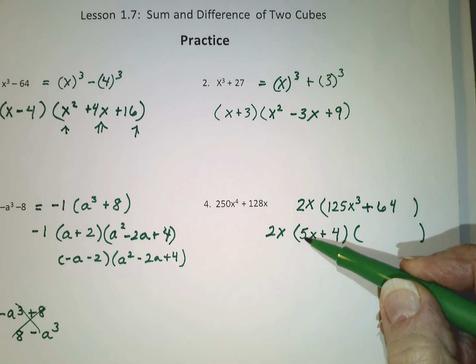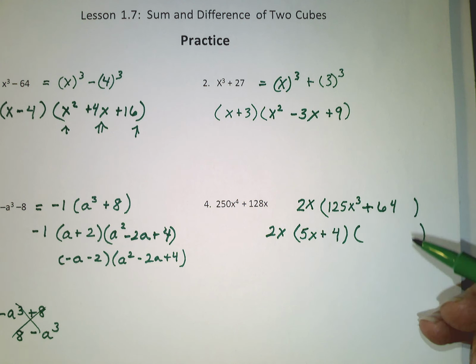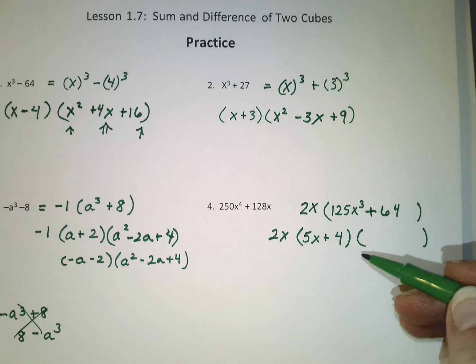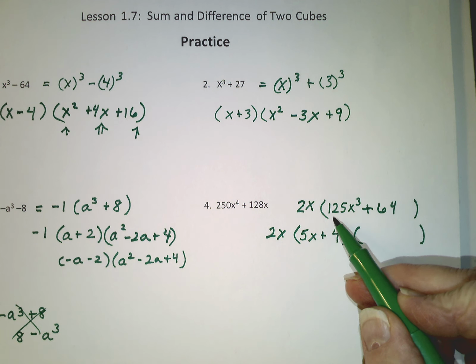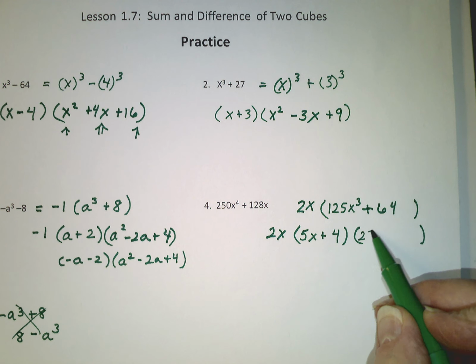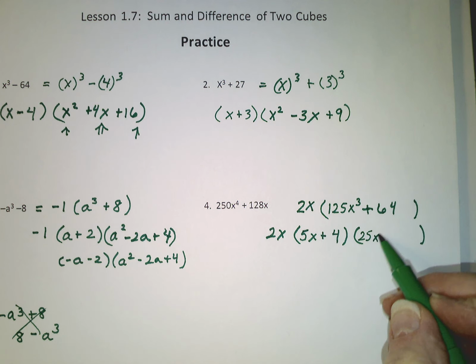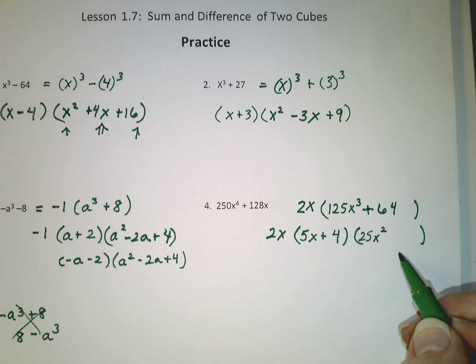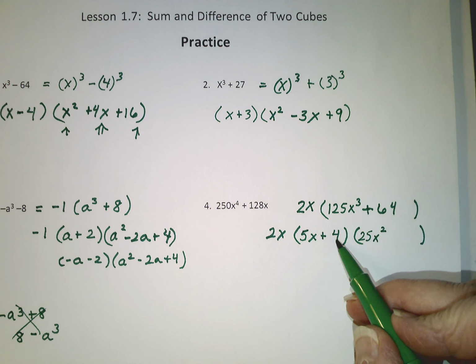And then we work to figure out how we would multiply to get each of these parts. I'm going to do the first part. What do we take times 5x to make it come out 125x to the third? Well, we need 25. And we need an x squared. And then on the end, what do we take times 4?